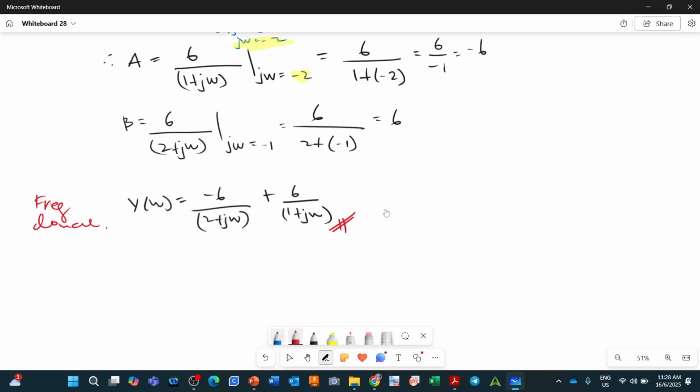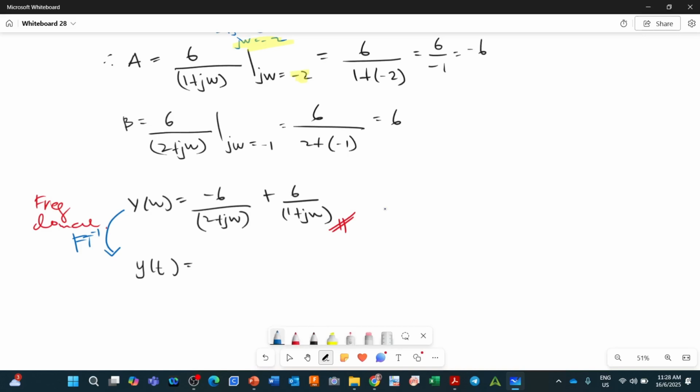Now, you need to actually convert it to time domain. For conversion to time domain, you're going to use the inverse Fourier transform, using the same equation in the table, so you get y(t). Now compare. What was the equation in the table?